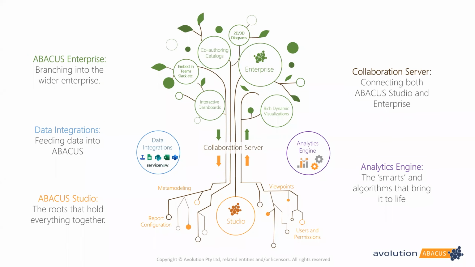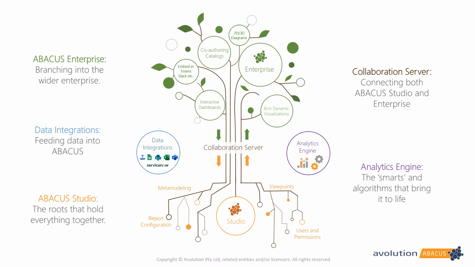So many of you are likely familiar with this tree slide, and this is just meant to represent how we have both Enterprise, which is branching out into the enterprise, which allows us to have co-authoring in catalogs, diagram building, and interactive dashboards with rich dynamic visualizations.